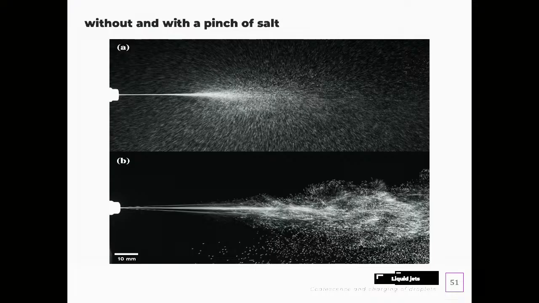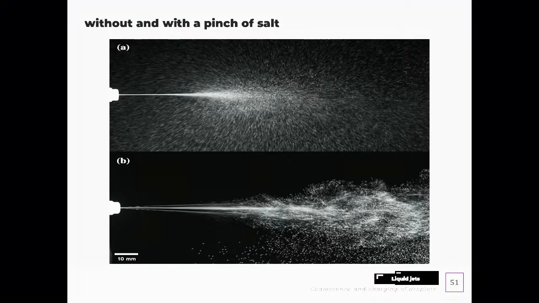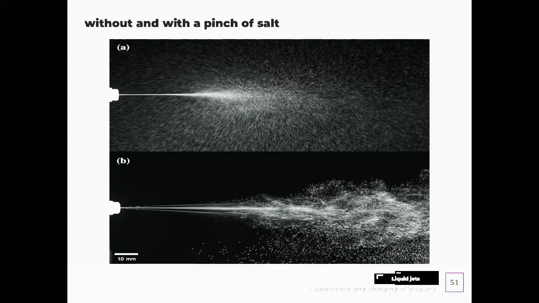So if you look very carefully, this is a spray that is very charged because it's completely demineralized water, and you can see that due to the fact that the droplets repel each other, the droplets actually even travel back.